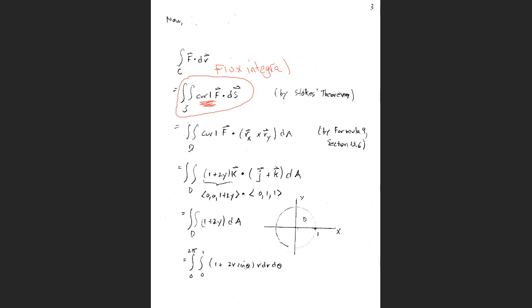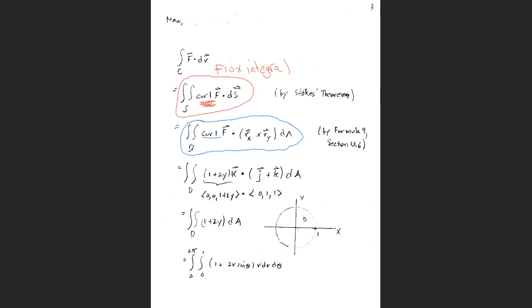Well, the curl of a vector field is itself a vector field. Here then is the formula that I use for computing that flux, and now it's just a matter of putting in the curl.